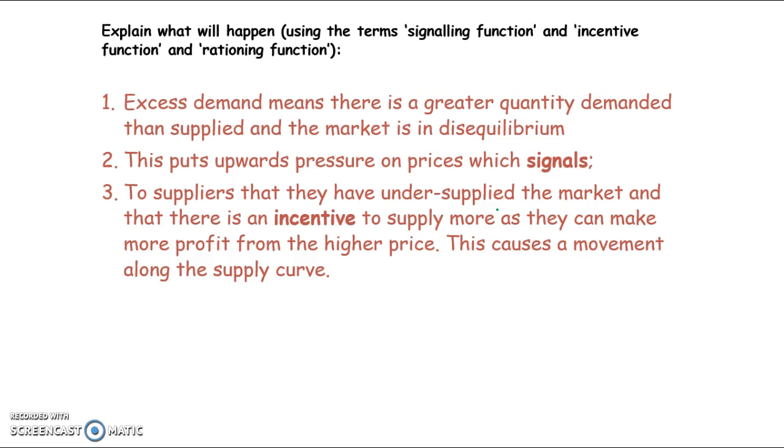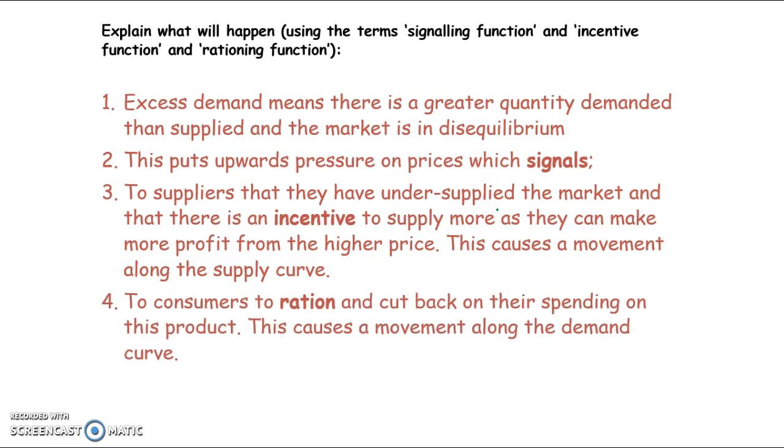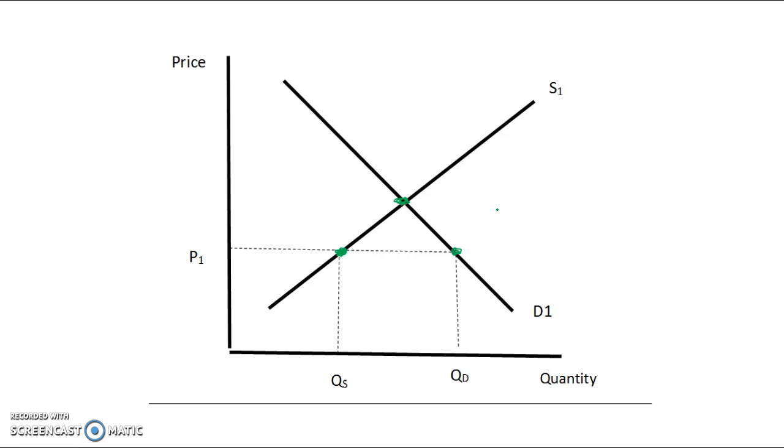So this is going to cause a movement along the supply curve, and to consumers, this sends a signal to ration and cut back on their spending, and this is also going to cause a movement along the demand curve, and therefore the price and the quantity move towards equilibrium. Now if I just go back to this diagram, this is the incentive function working, and this is the rationing function working to get you back to this point.